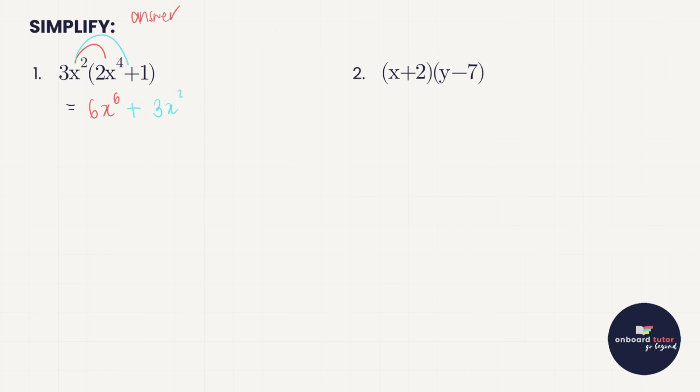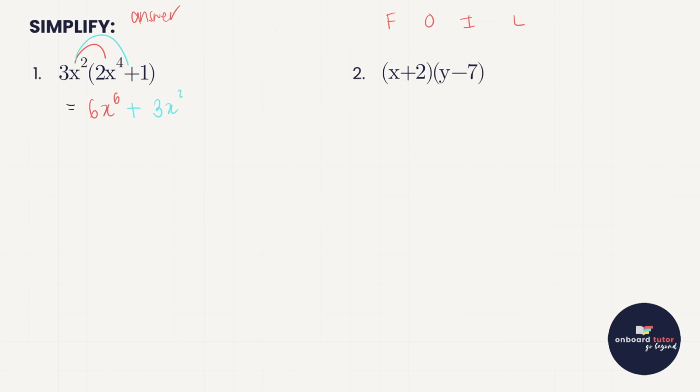Next up, if we look at question 2, we are given 2 brackets being multiplied by each other. There are 2 terms in each bracket, so this is called a binomial times a binomial. And what we will have learned to do last year is something known as FOIL. So we will multiply the first terms, then the outer terms, then the inner terms, and finally the last terms.